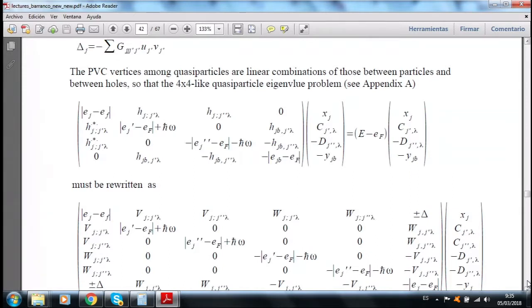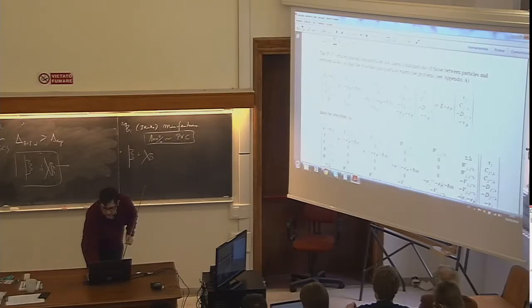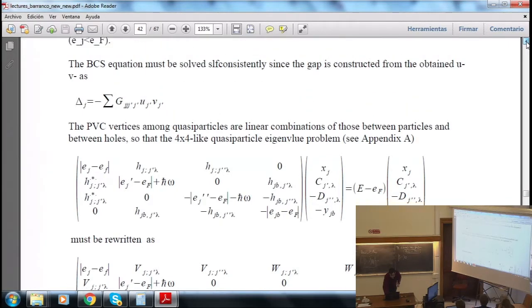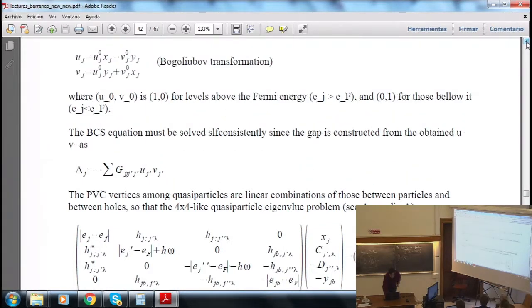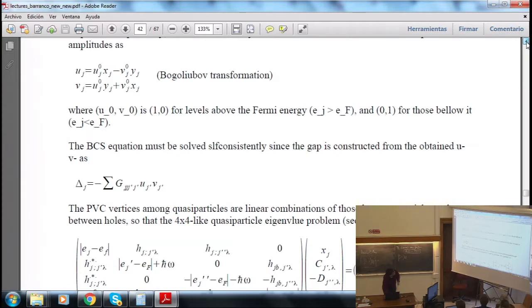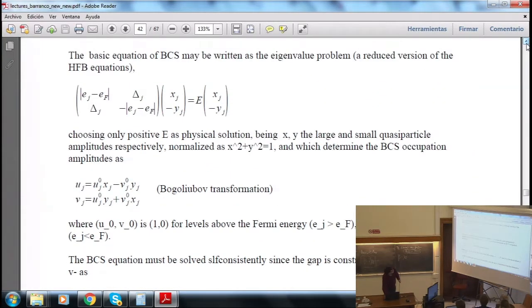So in this way, our particle vibration coupling matrix acquires a structure that is identical to the BCS. Well, it's here.